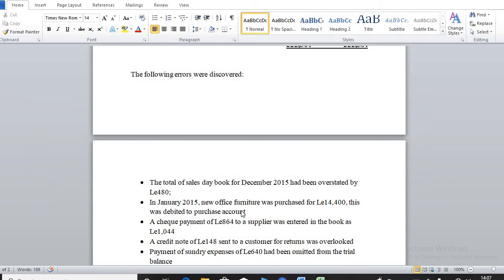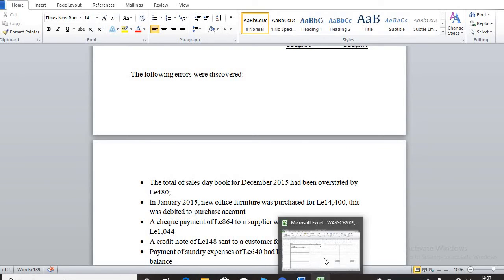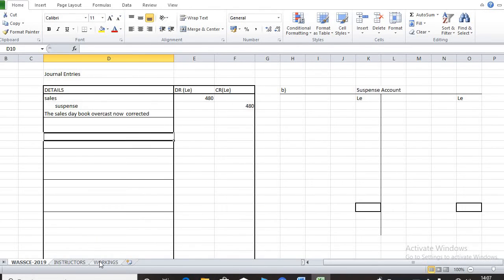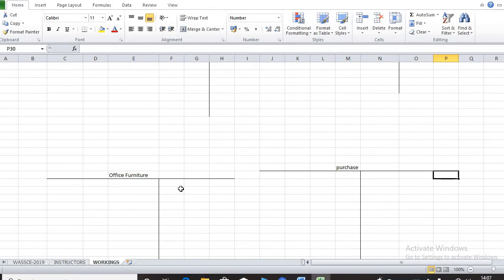Don't get confused. Okay, so let's see how we can rectify that. As I said, you have to move on to your workings. Then the accounts involved, we have to open T accounts for them. We have the two main accounts being affected by the mistake committed: the office furniture and the purchases account.